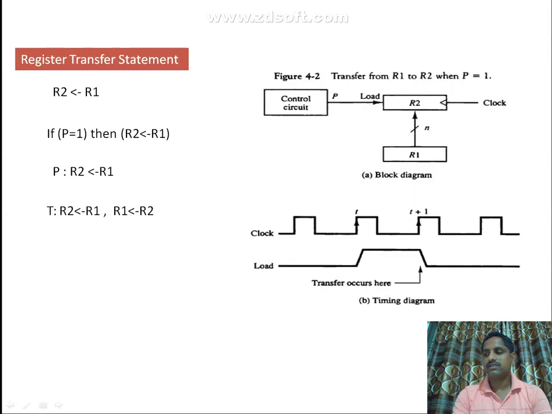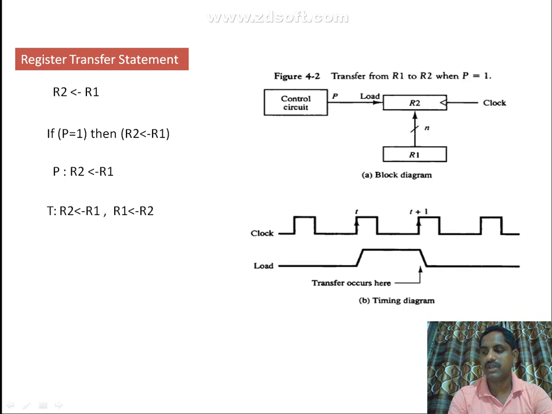A statement that specifies a register transfer implies that circuits are available from the output of the source register to the input of the destination register, and the destination register has a load capability. Normally the transfer occurs only when a certain condition holds.